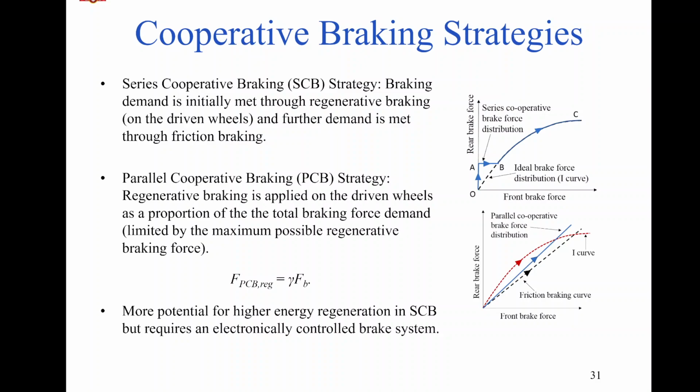There is more potential for higher energy regeneration in series cooperative braking, but it requires us to have a more sophisticated electronic brake control system. In this case, you can see both of the brakes are coming in together.